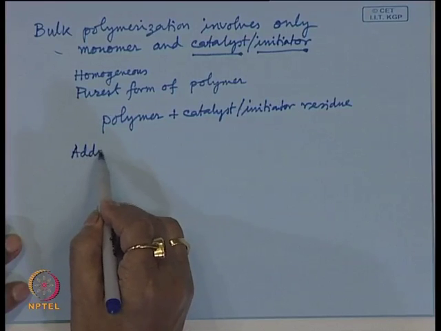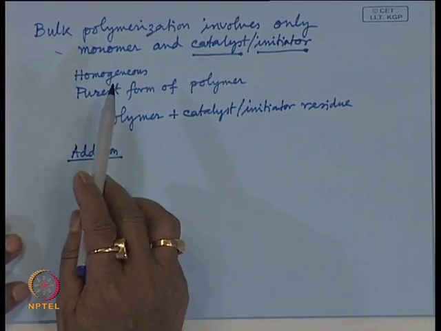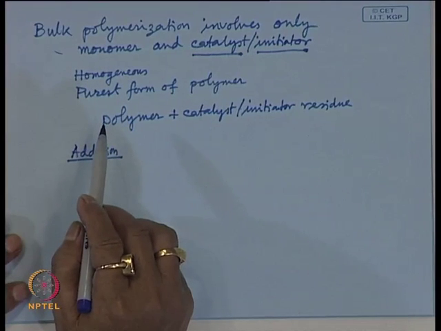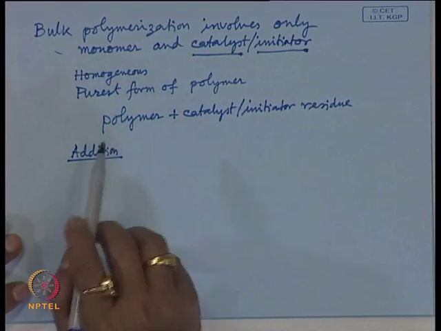Again, the addition chain polymer which is formed remains soluble in the monomer phase, because it is a homogeneous system from the initial starting point to the final polymerization step.